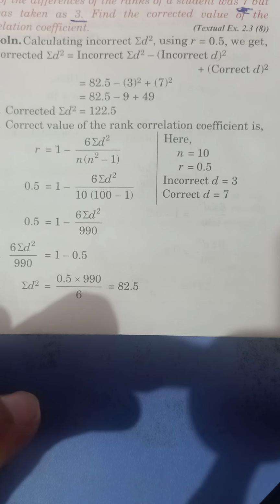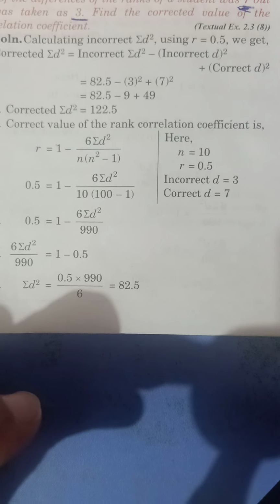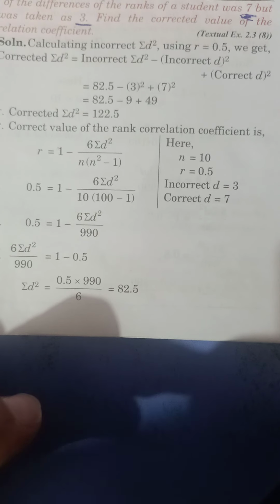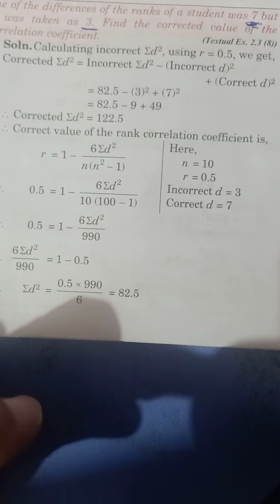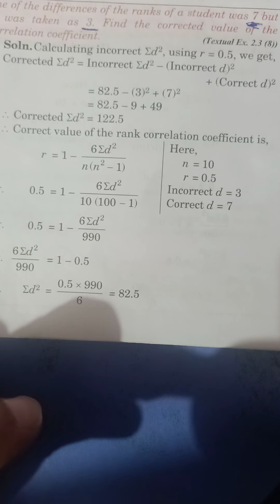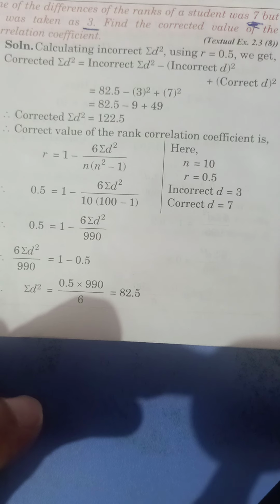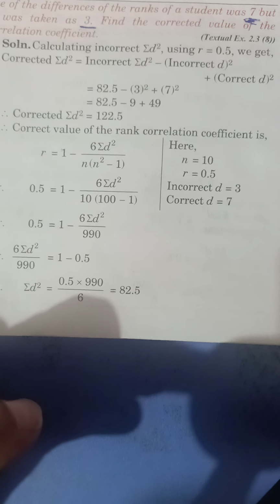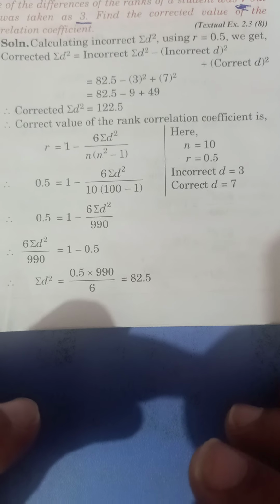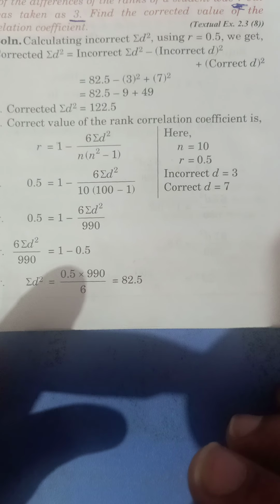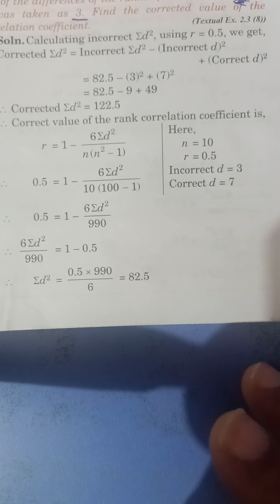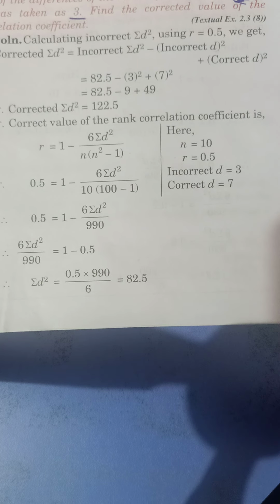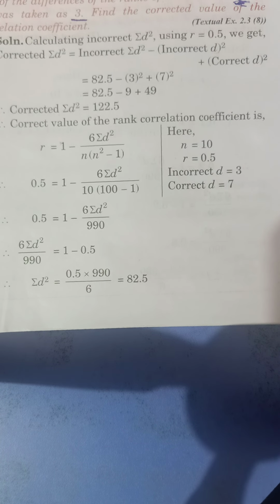The simple answer is, we have to put the value of the correlation coefficient. I repeat this: first we find the incorrect value of sigma d square. After finding it, we deduct the incorrect observation square and add the correct d square. That's how we get the corrected sigma d square. After finding the corrected sigma d square, we can find the corrected value of the correlation coefficient.